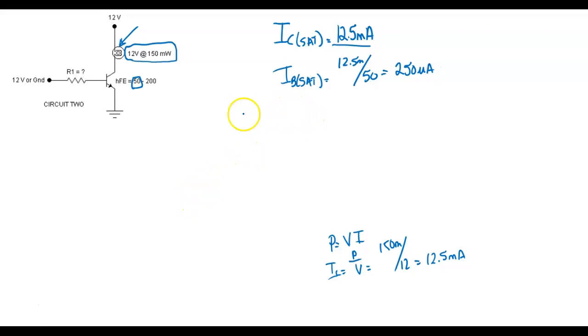Then I would say R1 would be equal to 11.3 volts divided by 250 micro. So we're definitely going to have to choose the standard value on that, right? Is there a 45.2K? Yeah, we use a 43.